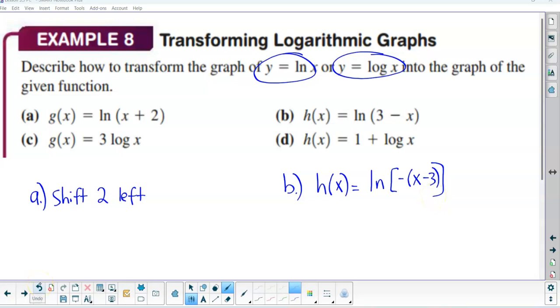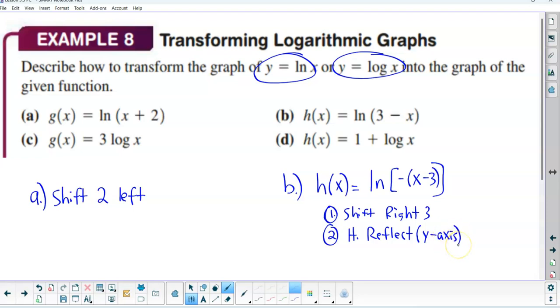Now you can see both the transformations a little bit easier. So the first transformation is a shift to the right 3. The second transformation is a horizontal reflection, which is about the y-axis. Okay.